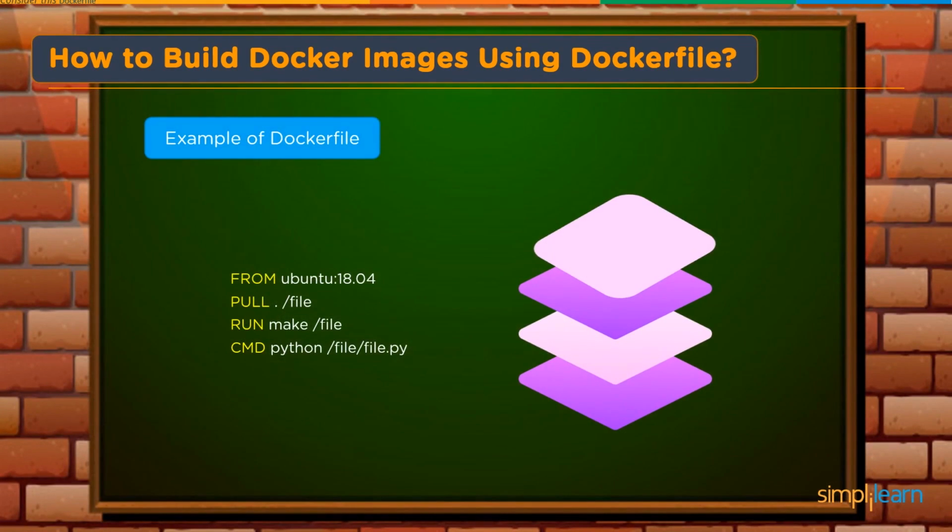Right, so this is a small example where we are using Ubuntu 18.04 as the base image. We are using the FROM attribute to specify that we are going to use Ubuntu 18.04 here. Then we are pulling the file into the directory, transferring a particular file inside the Docker container, and then running a make command.